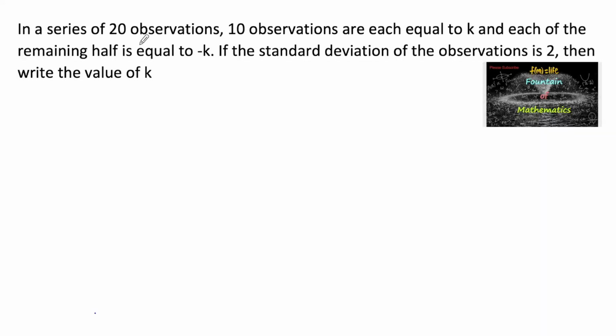In a series of 20 observations, 10 observations are each equal to k and each of the remaining half is equal to negative k. If the standard deviation of the observations is 2, then write the value of k.